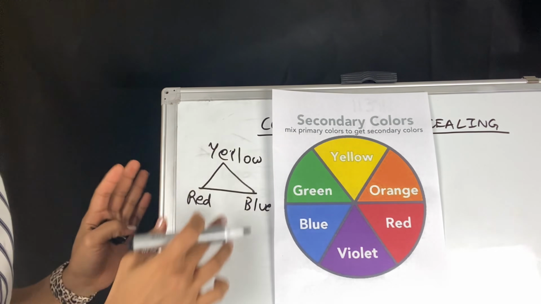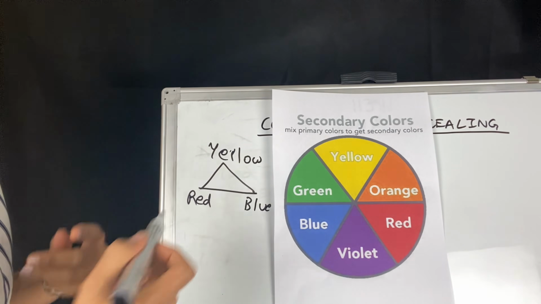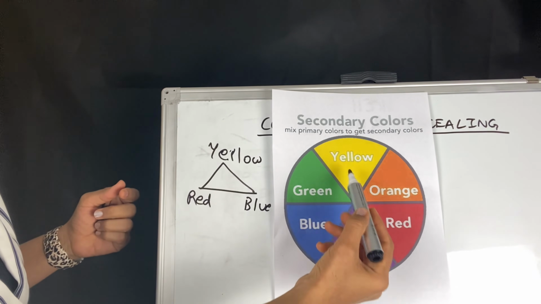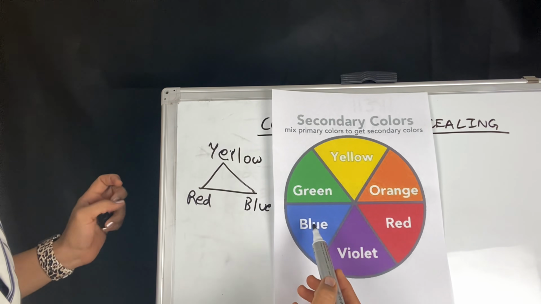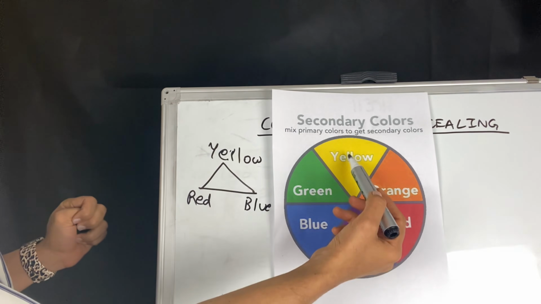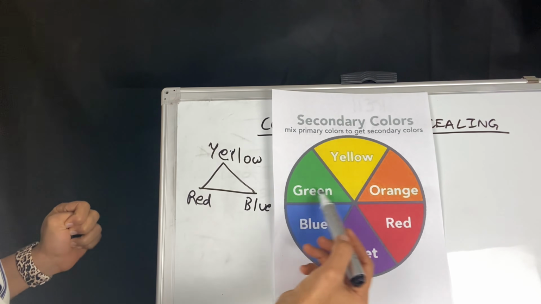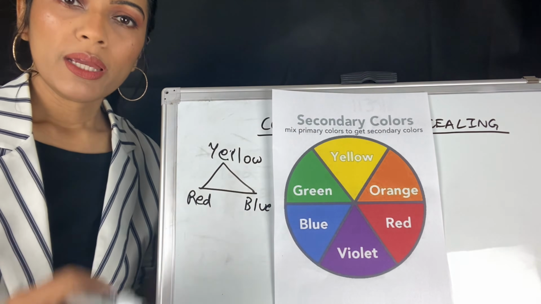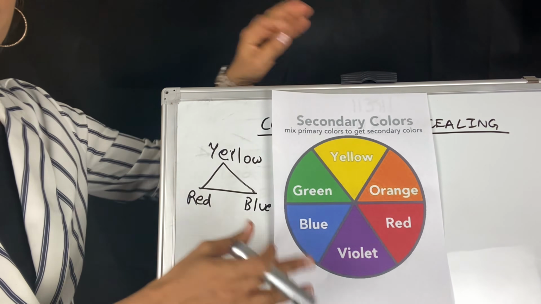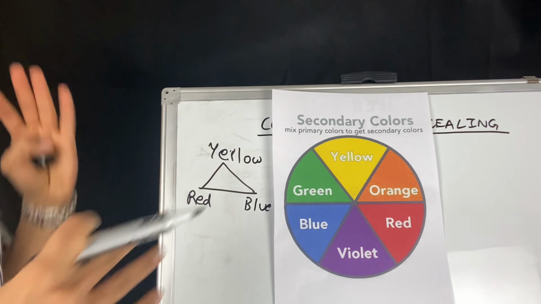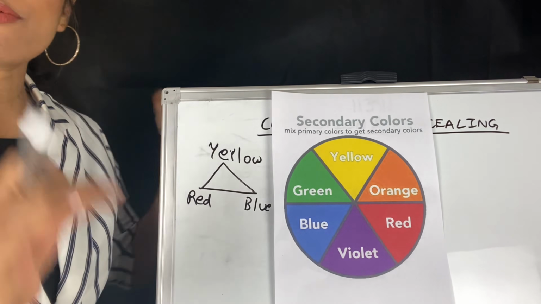From these three colors we get secondary colors and tertiary colors. When we mix yellow and red we get orange. When we mix blue and red we get violet. When we mix yellow and blue we get green. In makeup and the fashion industry, it is very important for us to understand this color wheel. When we are doing eye makeup, everything, guys, we will need this color wheel everywhere.